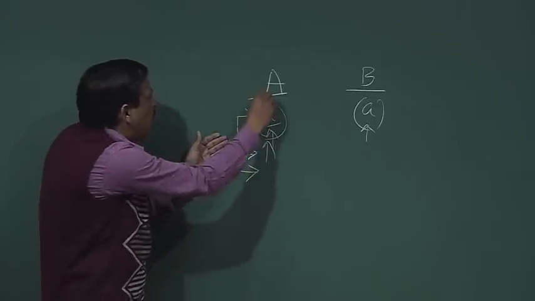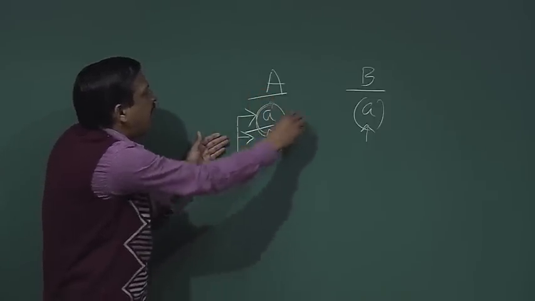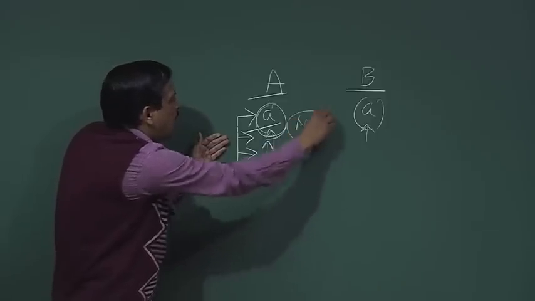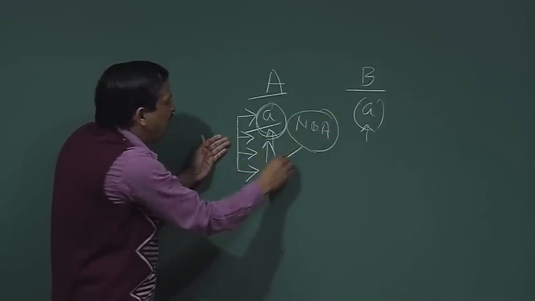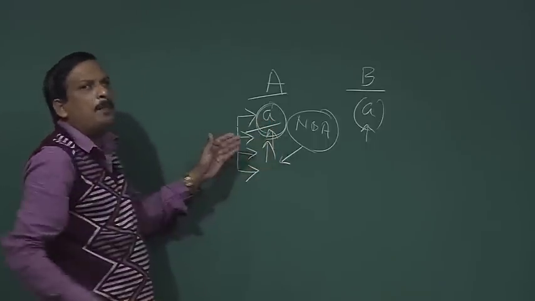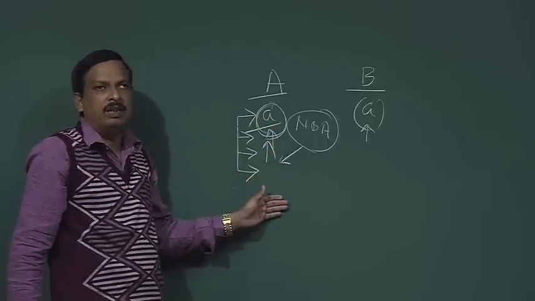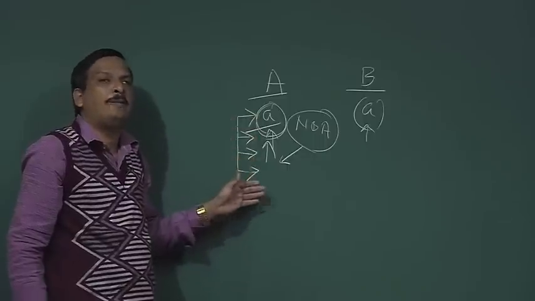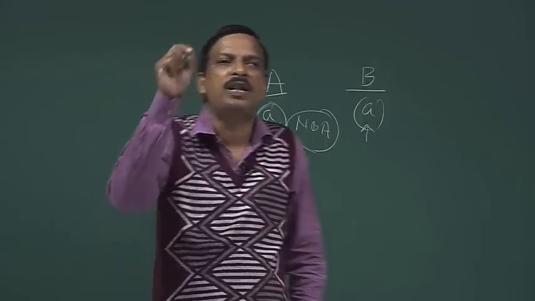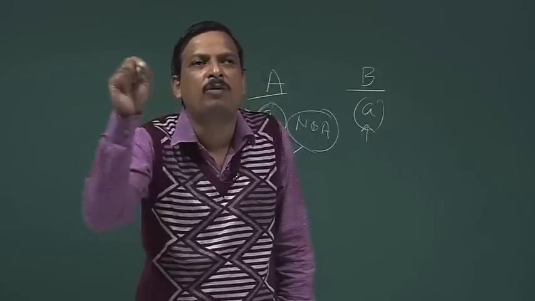If institute A says my program is NBA accredited, that means NBA is an organization which guarantees that this program maintains the minimum quality, based on the certain parameters which are required.